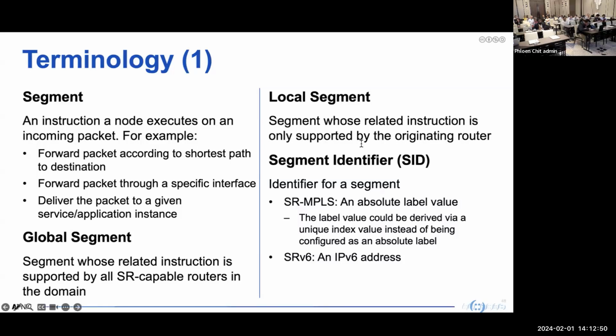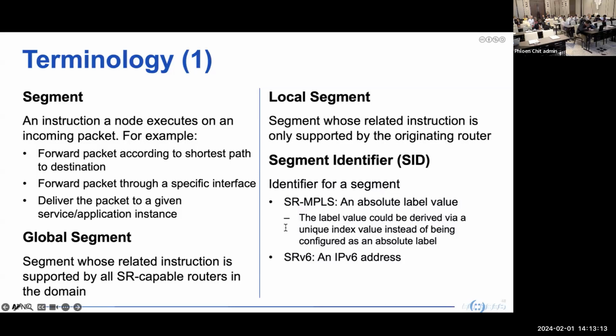The global segment is the segment that is supported by all SR-capable routers in the SR domain, while a local segment is the segment that is only supported by the router originating it. The segment identifier, or SID, is for identifying a segment.